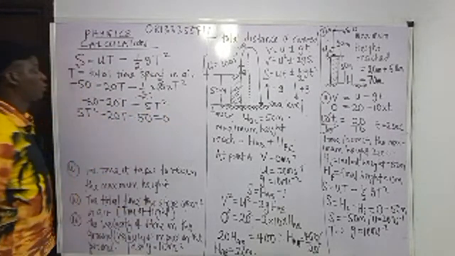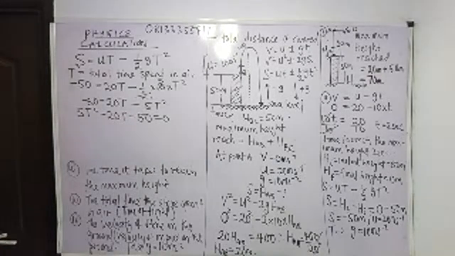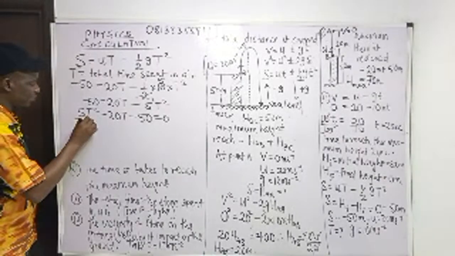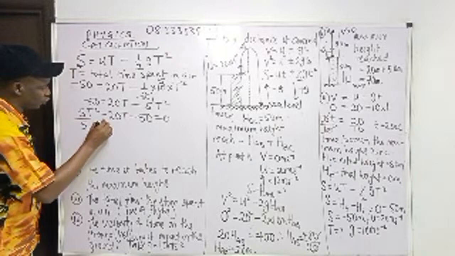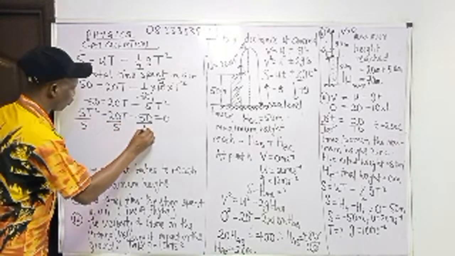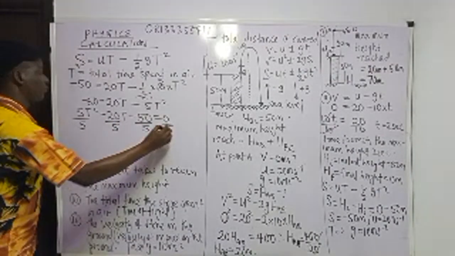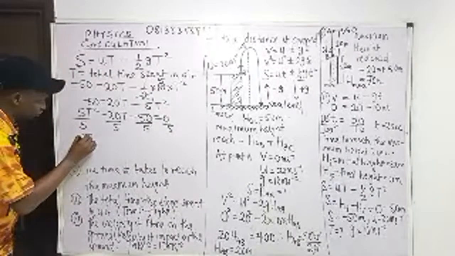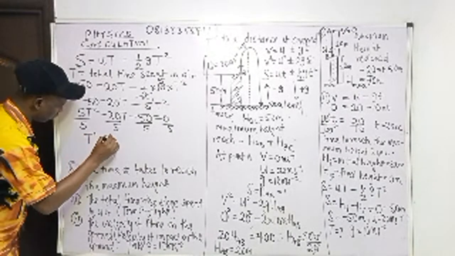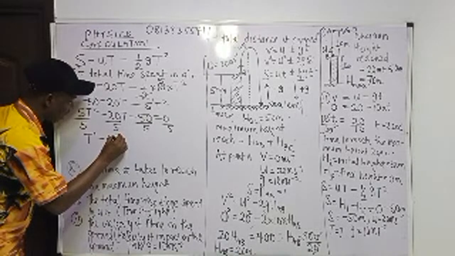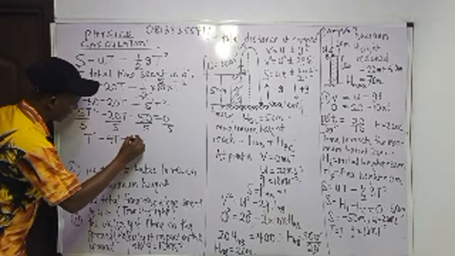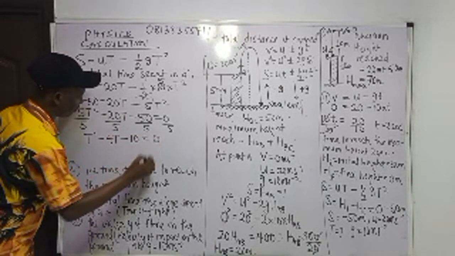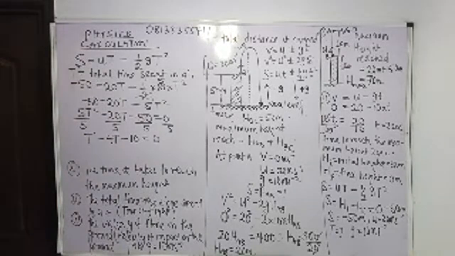equals 0. So in this case, let's divide both sides by 5 to reduce it. If you divide by 5 all through, I would have T squared minus 4T minus 10 equals 0. So that's what I want to have.